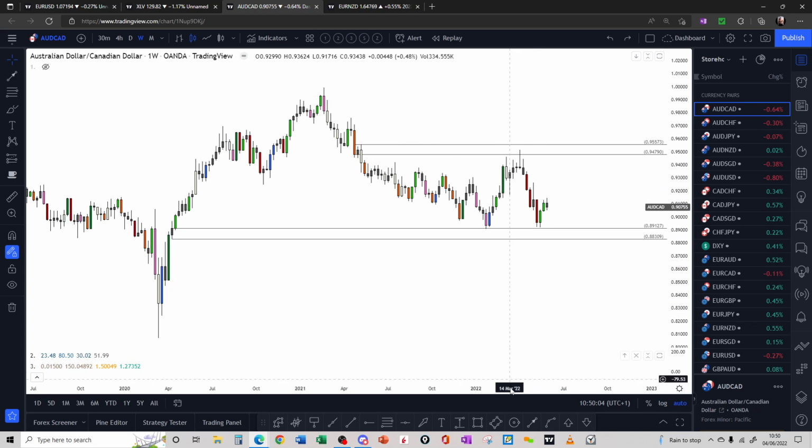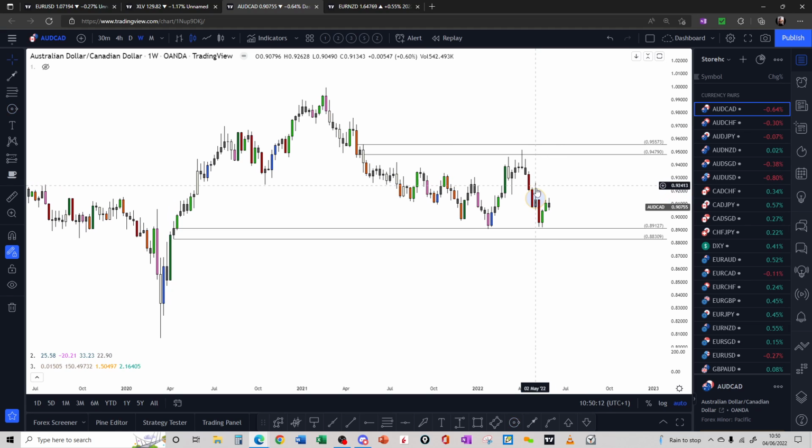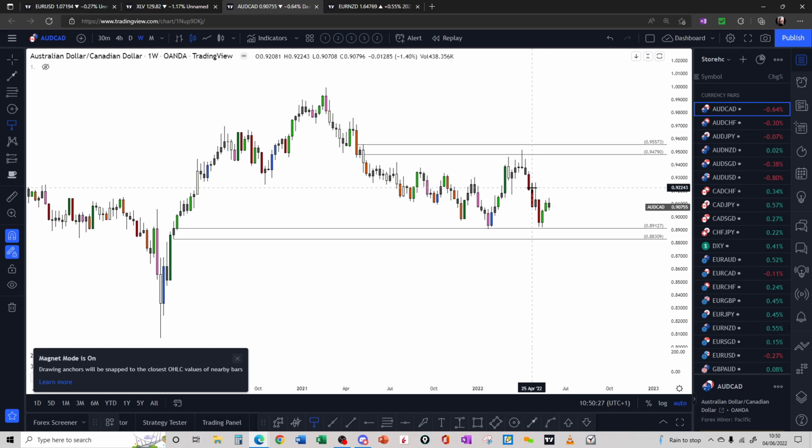This area, I know some of you will be looking at this, but this area would not qualify for us as supply. This long wicked area and the drop, because of a couple of reasons. Firstly, it didn't make it to a new low. Secondly, it wicked above this candle here.